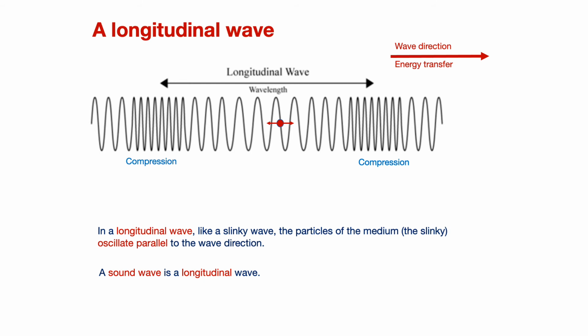In a longitudinal wave, the distance in meters between the middle of one compression and the middle of the adjacent compression is the wavelength. The part of the wave which is stretched out is called a decompression or, in some textbooks, a rarefaction.